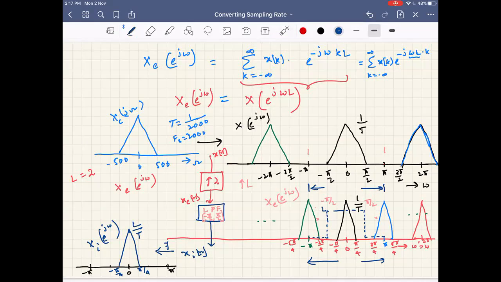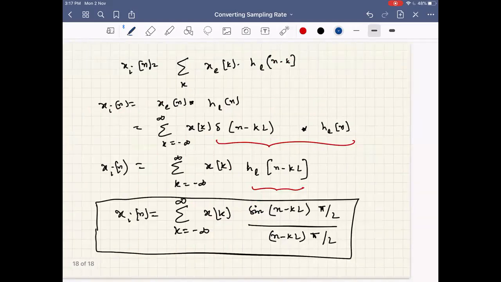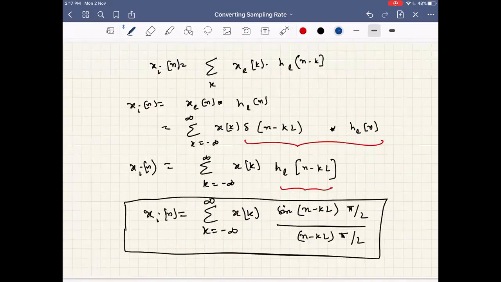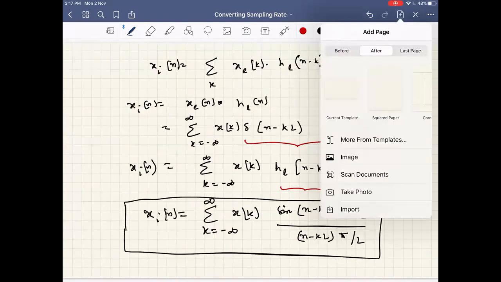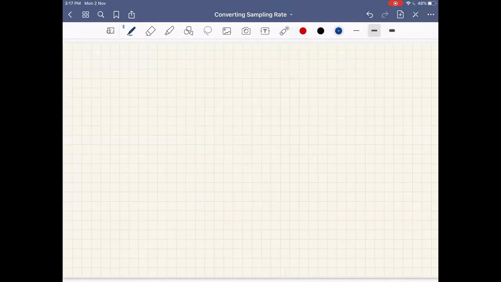So now let us see, as we discussed in the last class, if we are interested in fractional sampling rate conversion, how do we do that? Say, for example, the initial time period is T, say 1 by 2000 or whatever. Now I would like to establish T dash equal to 1.5 times the capital T. That means I have an xc of t.